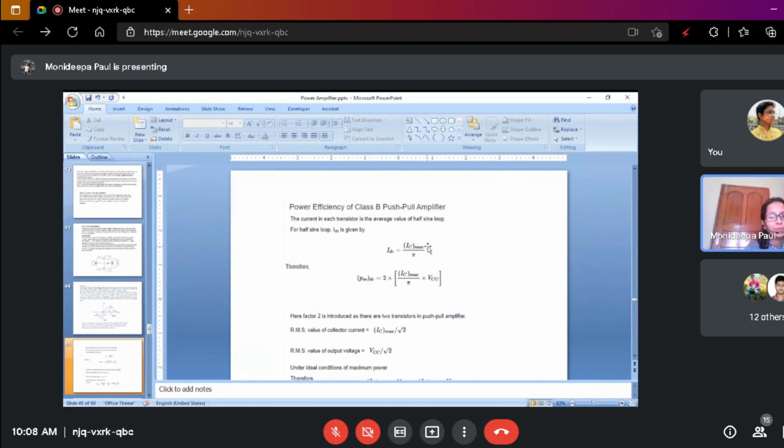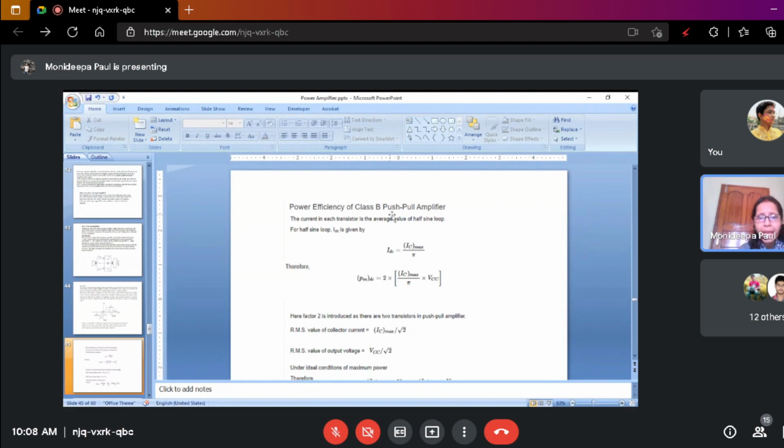If you have forgotten, you can go through that lecture and see the derivation. So IDC is equal to IC max divided by pi, and VCC is already the DC voltage source. So input DC power is equal to IC max by pi, that is IDC, into VCC.